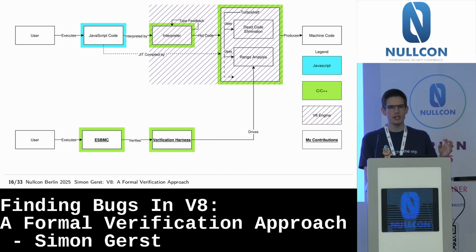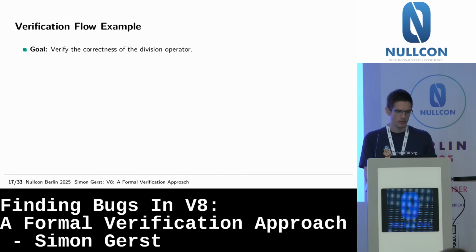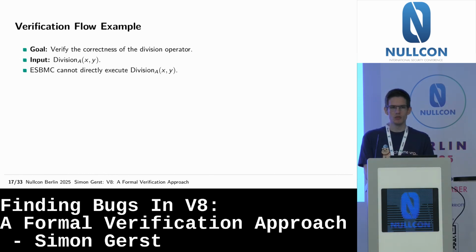So as a user, I execute my ESBMC, which is a bounded model checking tool, and this then verifies a special verification harness that interacts with range analyses in the engine. So for example, we want to verify that the abstract operator for the division is correct. And now the problem is that the ESBMC tool cannot directly execute the function.